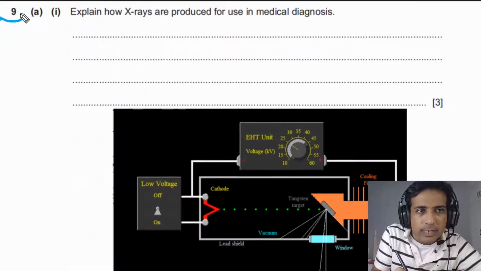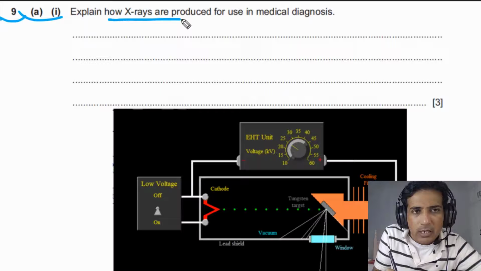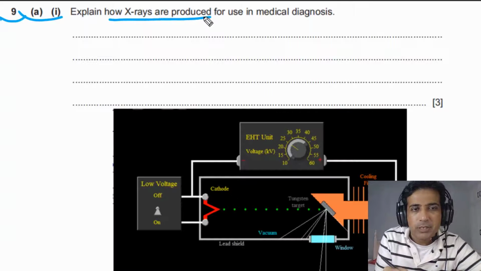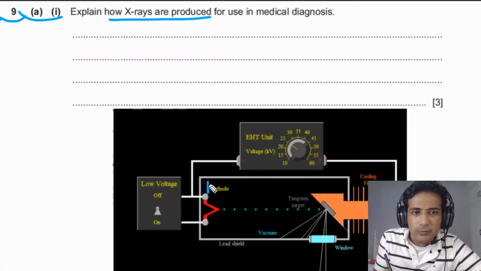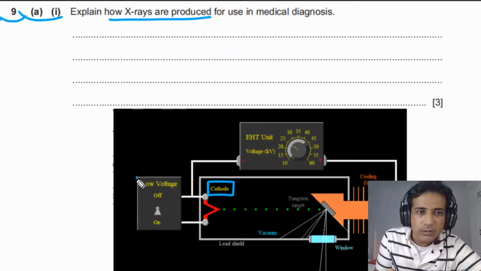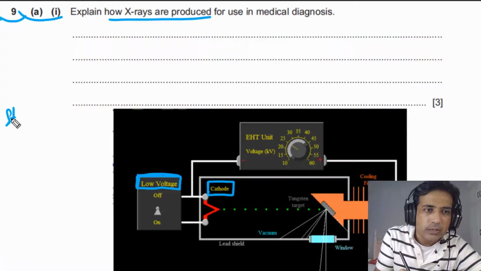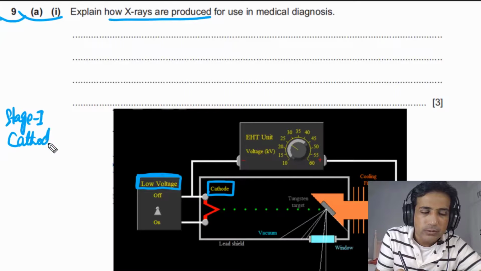For question number 9, part A1, we need to explain how X-rays are produced. This question is quite common in past papers. So let's try to understand this one step by step. First of all, if you look at this image, you can see we have a cathode here. As this cathode is heated using low voltage, electrons are released. So simply we can say in stage 1, the cathode is heated.